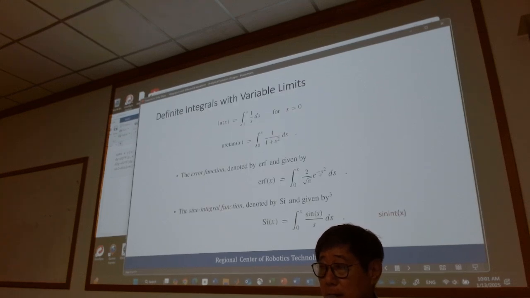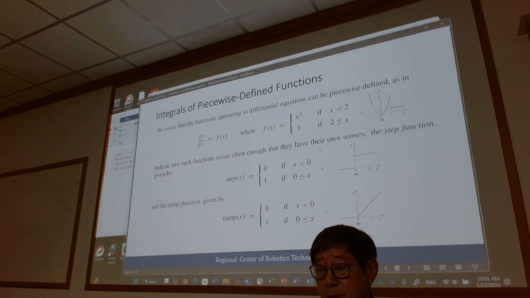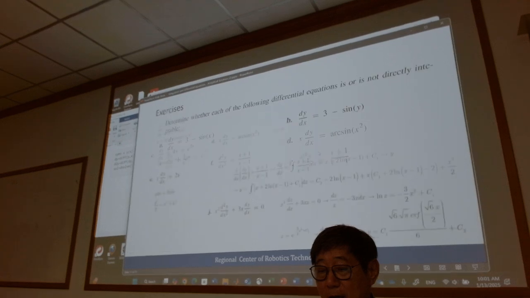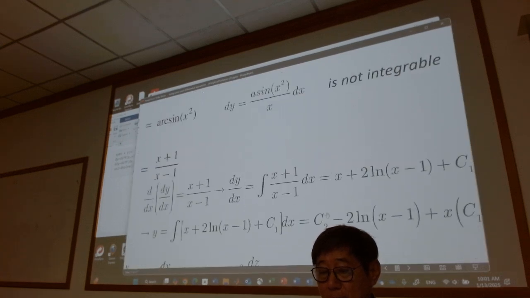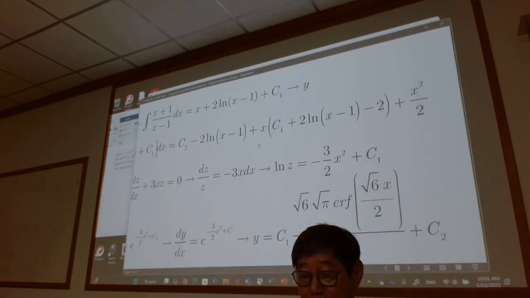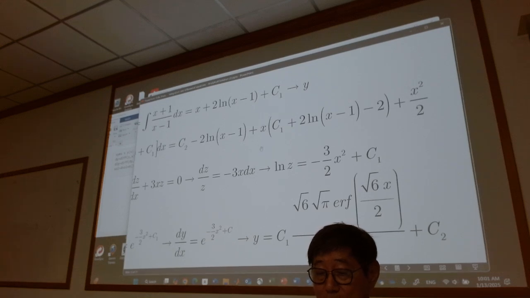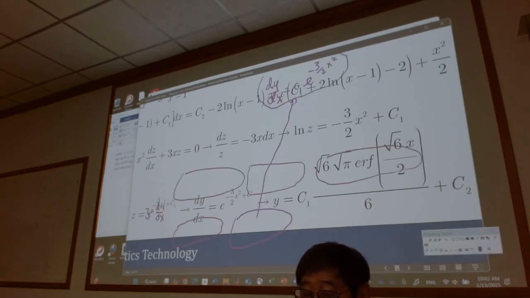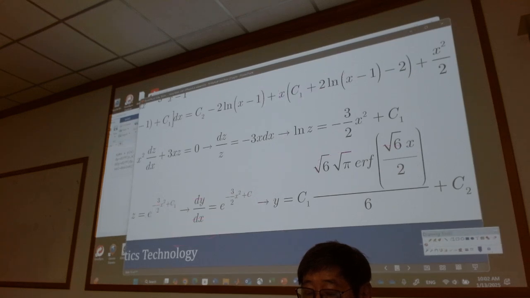x squared, right? In this case, see. So you have this one. This one actually can be something like this one, right?